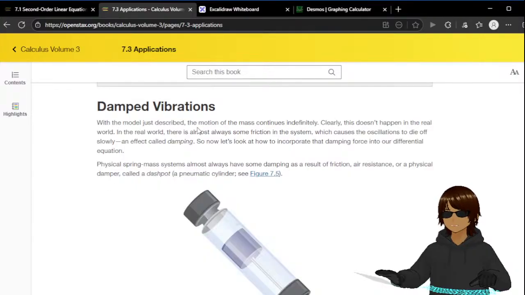With the model just described, the motion of the mass continues indefinitely. Clearly, this doesn't happen in real life. In the real world, there's almost always some friction in the system which causes the oscillations to die off slowly, an effect called damping. So now let's look at how to incorporate that damping force into our differential equation. Physical mass-spring systems almost always have some damping as a result of friction, air resistance, or a physical damper called a dashpot.